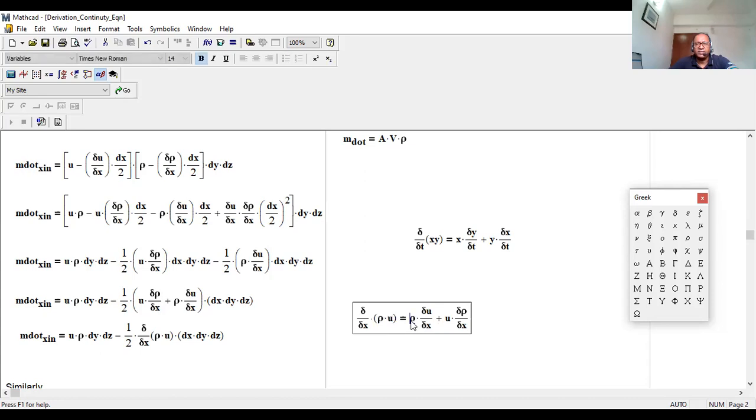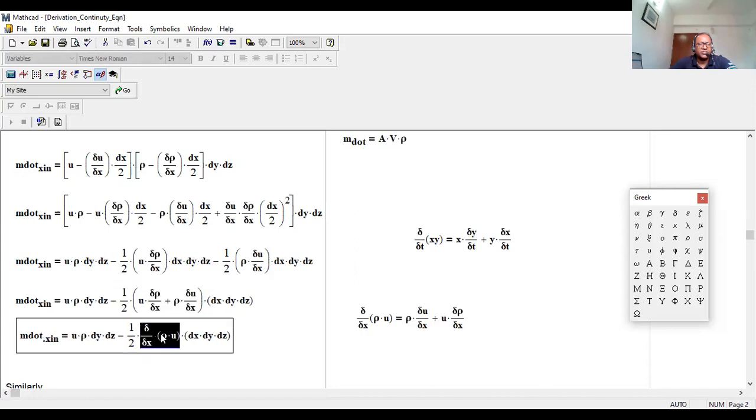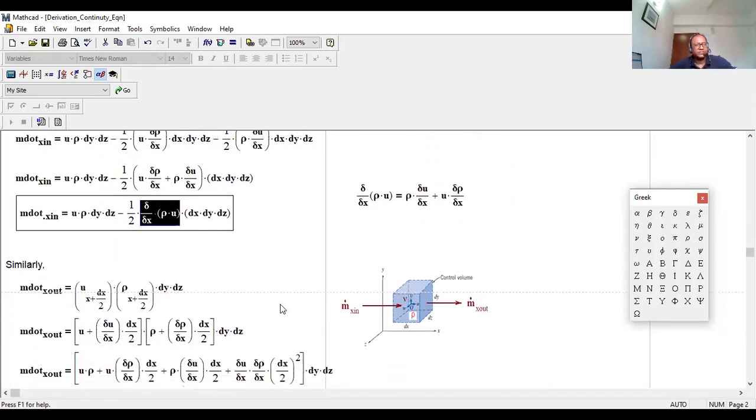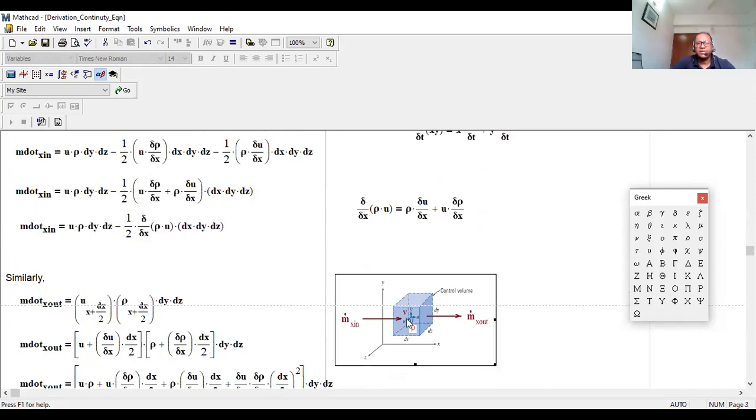So this is u, then del v by del x, then it is v del v by del x, right? Instead of v, we have rho. So this term we can write as del by del x of rho u. Okay? Now, so this is m dot in.